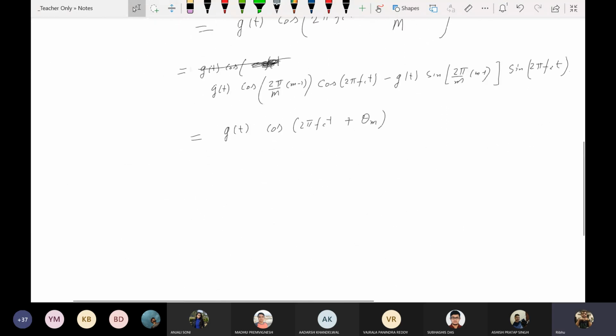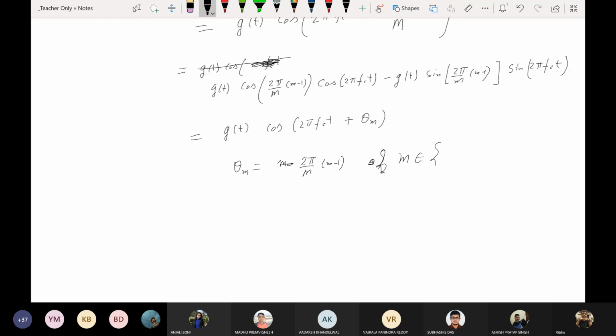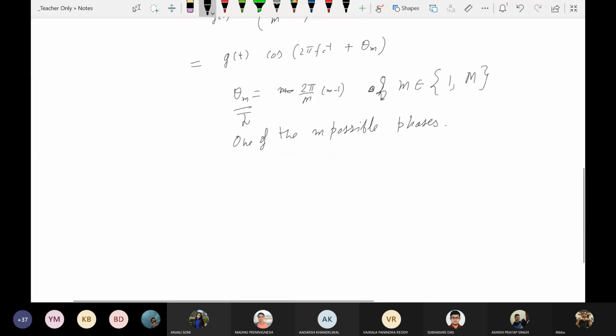Oh, sorry about this. θ_m equals 2π(m−1)/M. Right? Agreed?